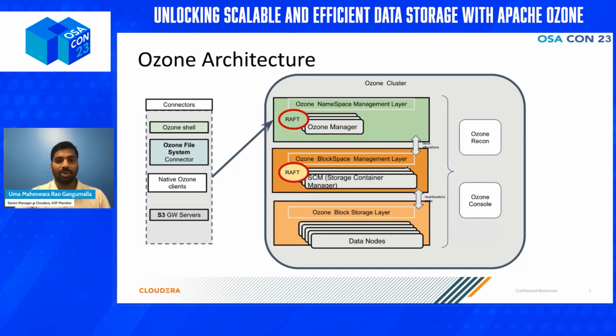Multiple nodes of the Ozone Manager provide high availability, so even if one node goes down, it is still highly available. The client gets the metadata details and knows where its block is located, because it piggybacks on the Storage Container Manager to get the actual locations, and those are sent to the client.